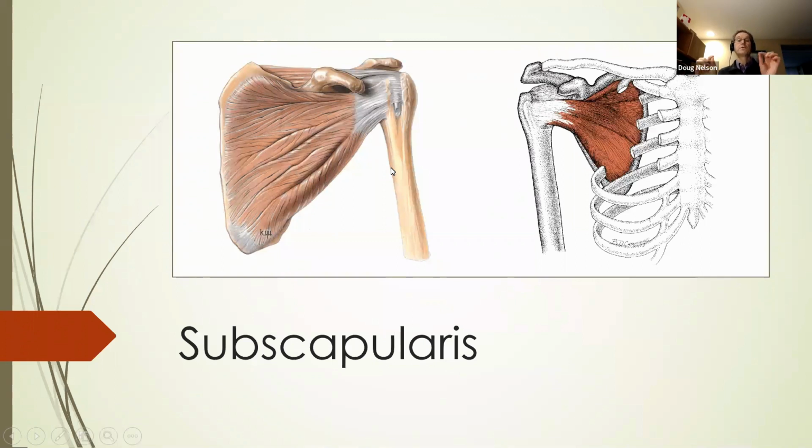But the subscap is just one of the internal rotators, though a very important one, both for its movement capacity and also for its additional role of providing stability. It has a role a little bit like adding another ligament to the front of the shoulder. And there are different signs and symptoms for that.